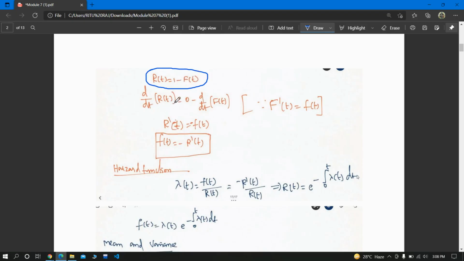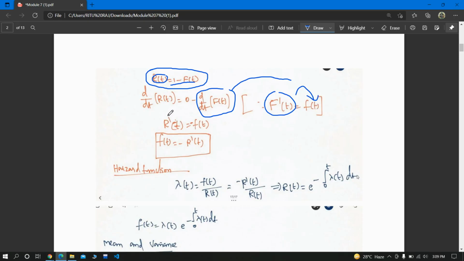So when we differentiate this function, the differentiation of 1 is 0, and the differentiation of the cumulative function capital F gives us the small f of t. We have read this in module 2.